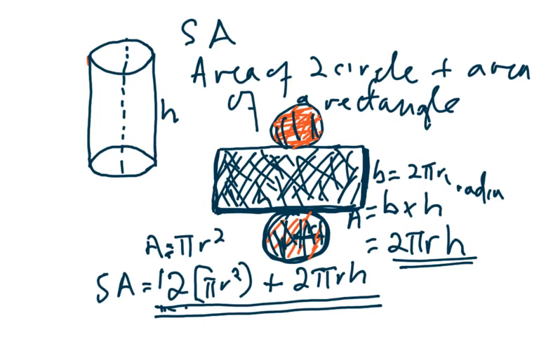If it is a hollow cylinder, that would mean this part, in terms of surface area, would wither off, and would only have the rectangle. That's all it can occupy in terms of the surface area. So we have to be careful of that.